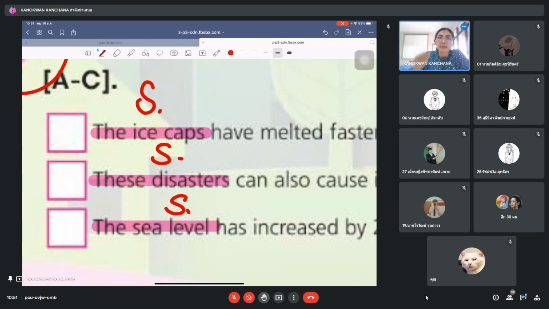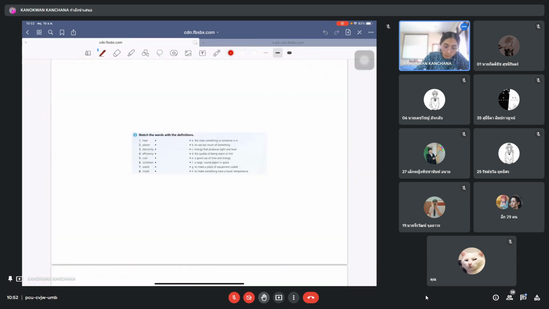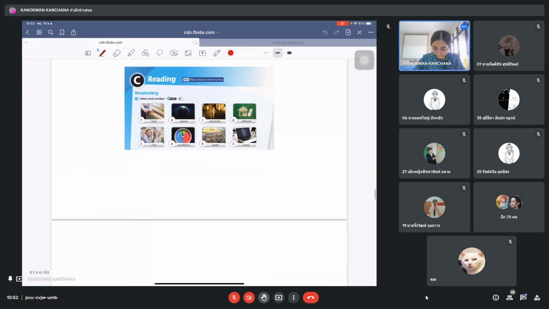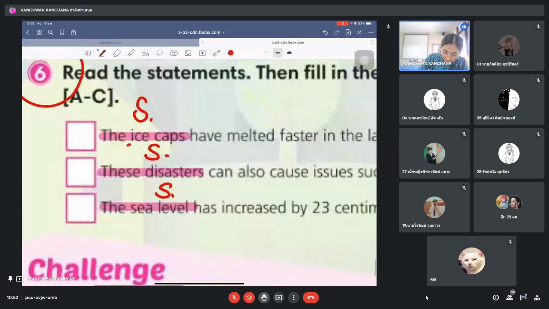So take a look at this. Closely look at the ice caps, disasters, sea level. Only the ice cap, disaster, and sea level. Okay, again.